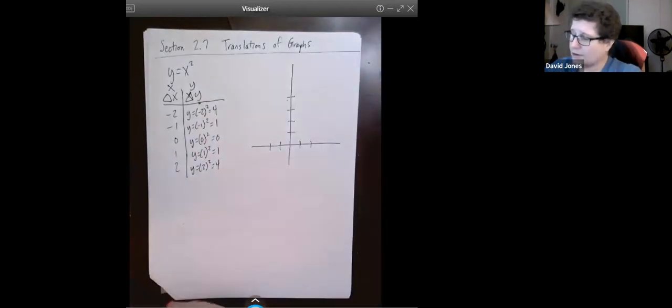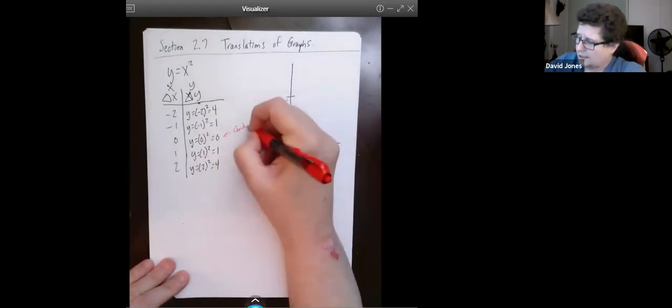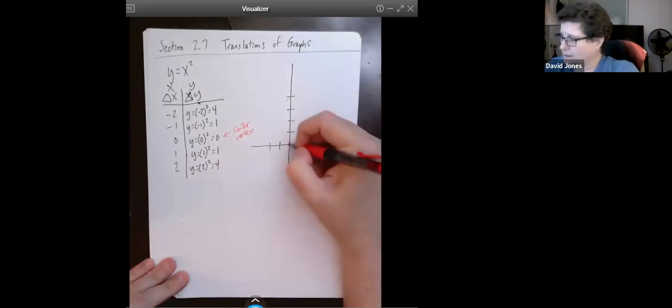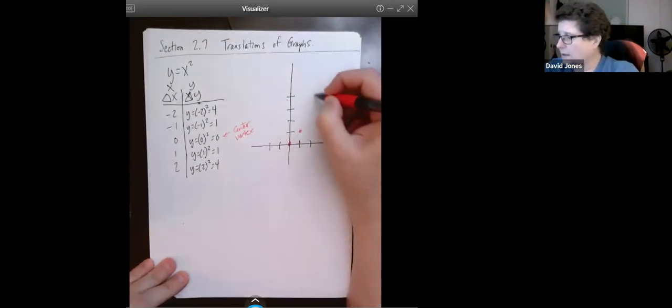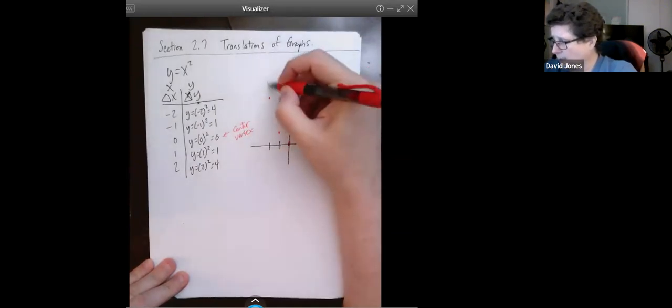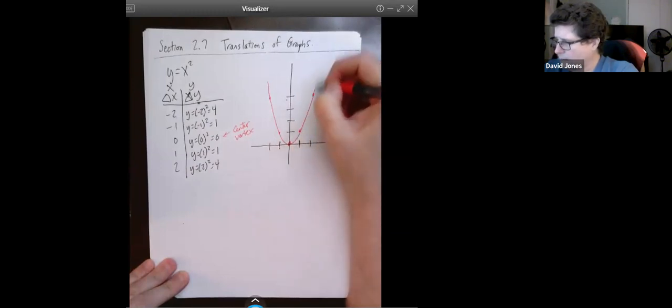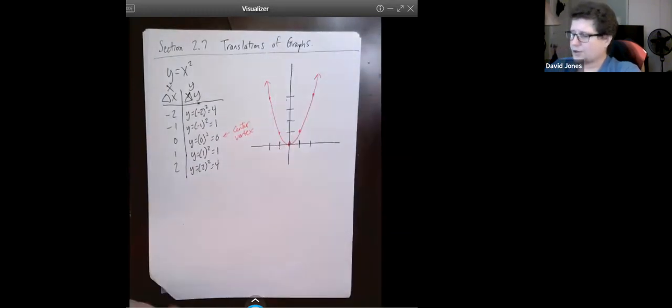This one's the center of the graph. Center, or vertex for a parabola. Like such.